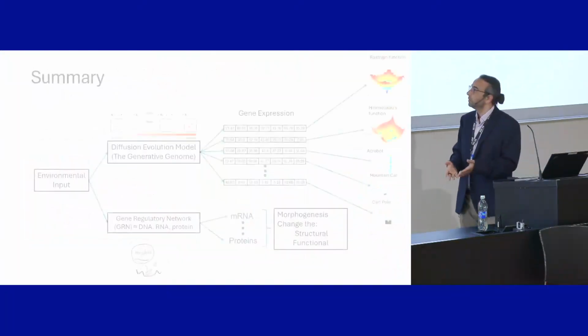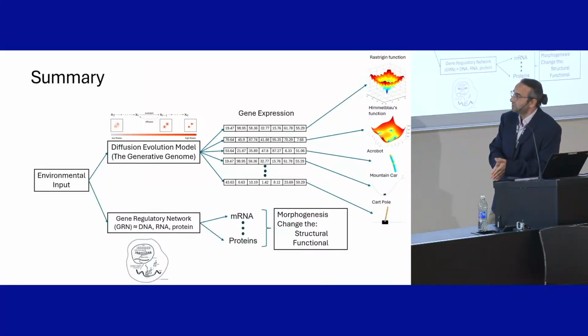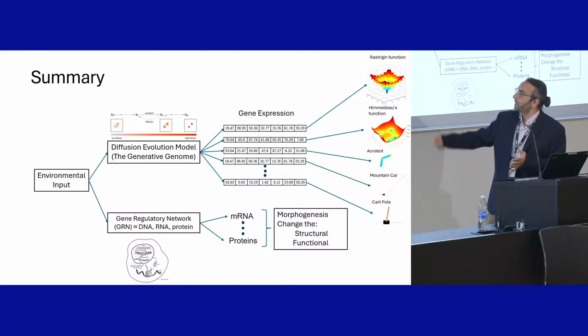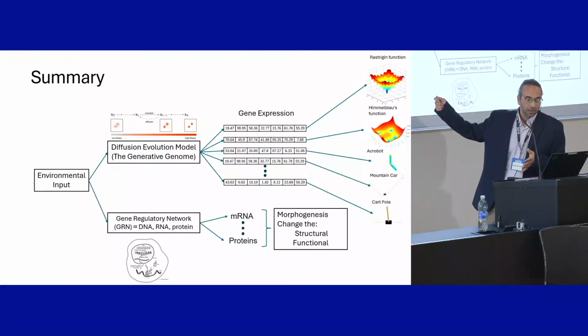So in summary, we show that diffusion evolution, as a generative model, is able to adapt on the fly using more iterations and is able to produce gene expression on all of it.